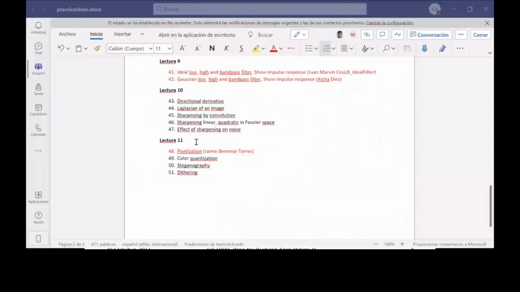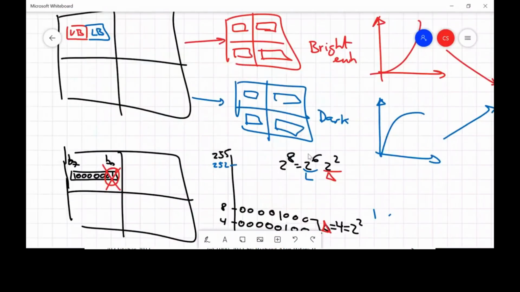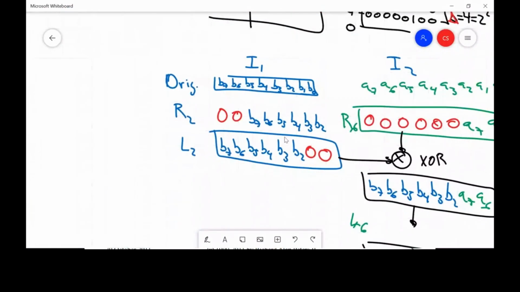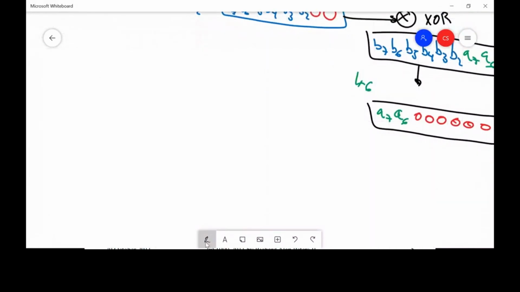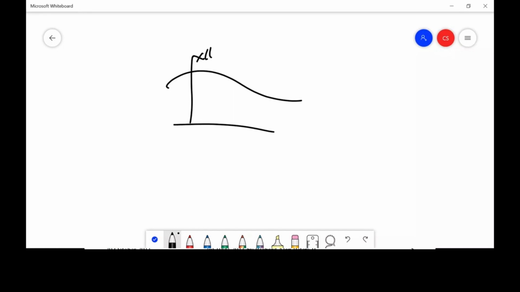Okay, so let's remind ourselves in one dimension what aliasing is. Let's say that we have a signal that is a continuous signal. Now I want to quantize it, to sample it.